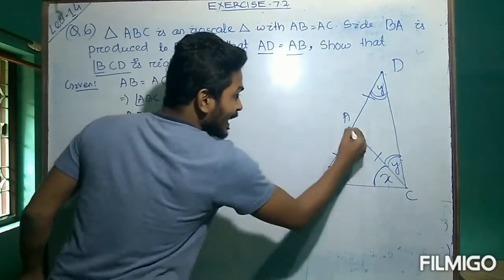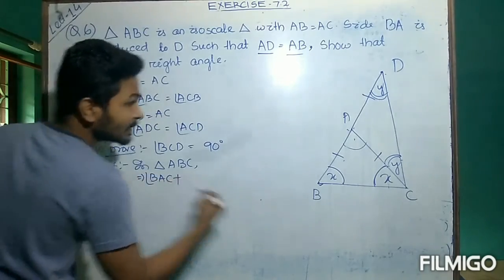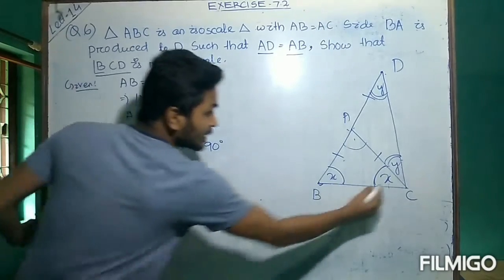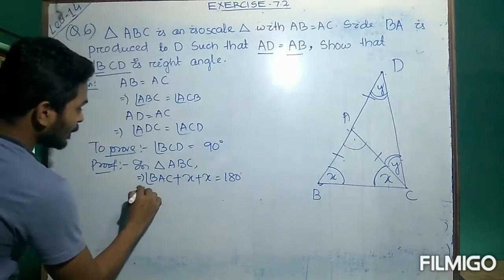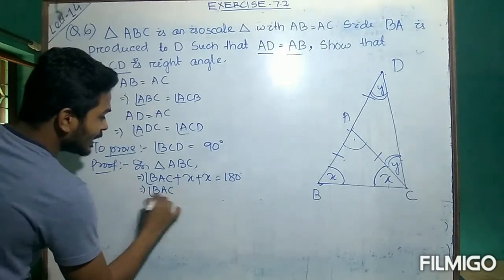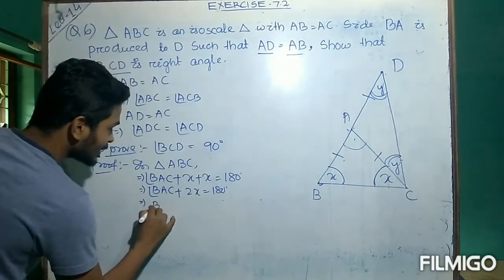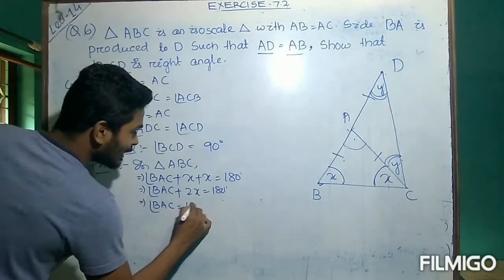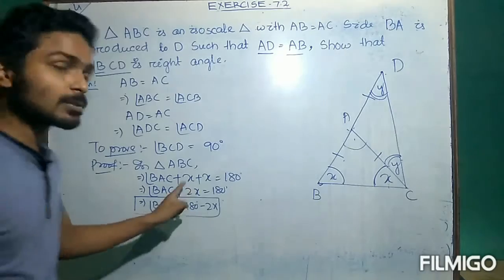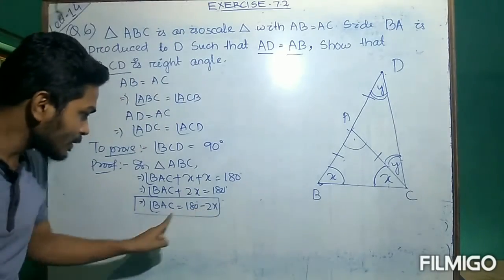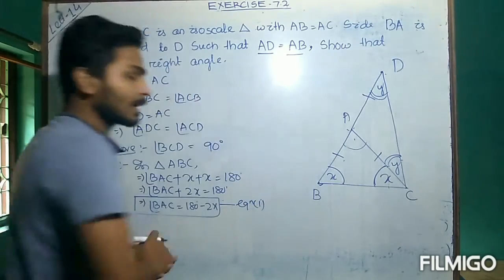This angle means BAC, so BAC plus x plus x is equal to 180 degrees. Clear? This implies BAC plus 2x is equal to 180 degrees, which implies BAC is equal to 180 degrees minus 2x. We found the value of BAC. 2x moving to the right hand side will be negative. So BAC is equal to 180 degrees minus 2x. Suppose this is equation 1.